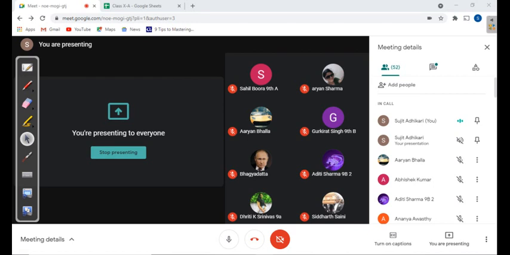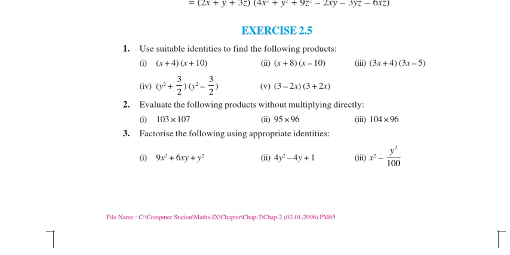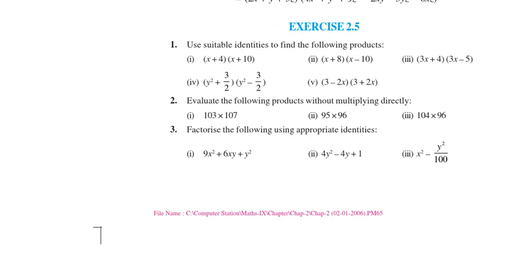So let's see now here. If you want to factorize this, then you have to make sure that it resembles one of these identities. So I'll write the identities along this side first, so that you can recognize. You may be getting something like this: a square plus 2ab plus b square.